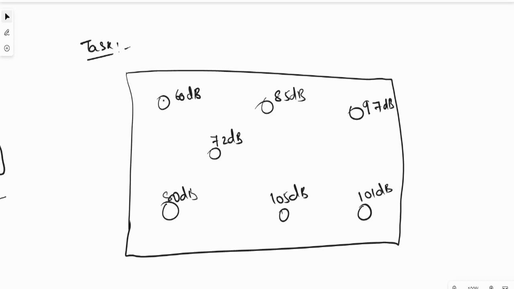Now you have to find out the cumulative noise and the time duration of exposure.